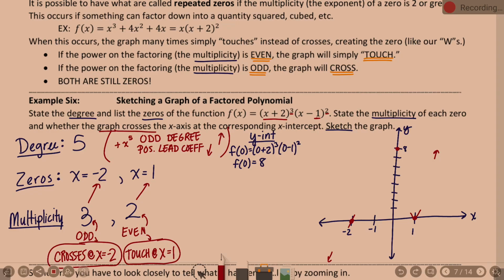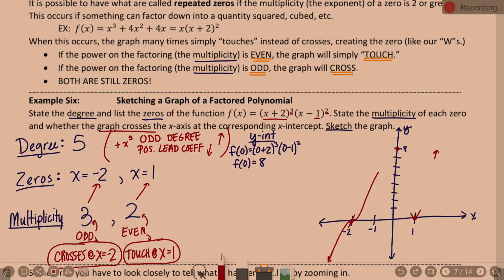So 3 is a little bit bigger than 1, yes? So when my graph crosses, it's going to cross and kind of flatten here before it continues up. Is that like what the x cubed graph does at 0, 0? Exactly like what the x cubed graph does at 0, 0. It's going to flatten out and then continue back up.